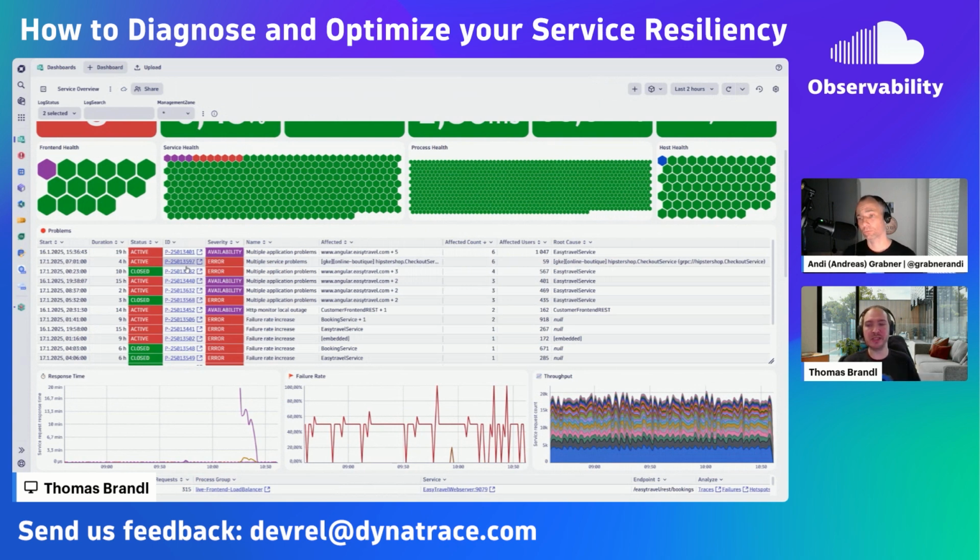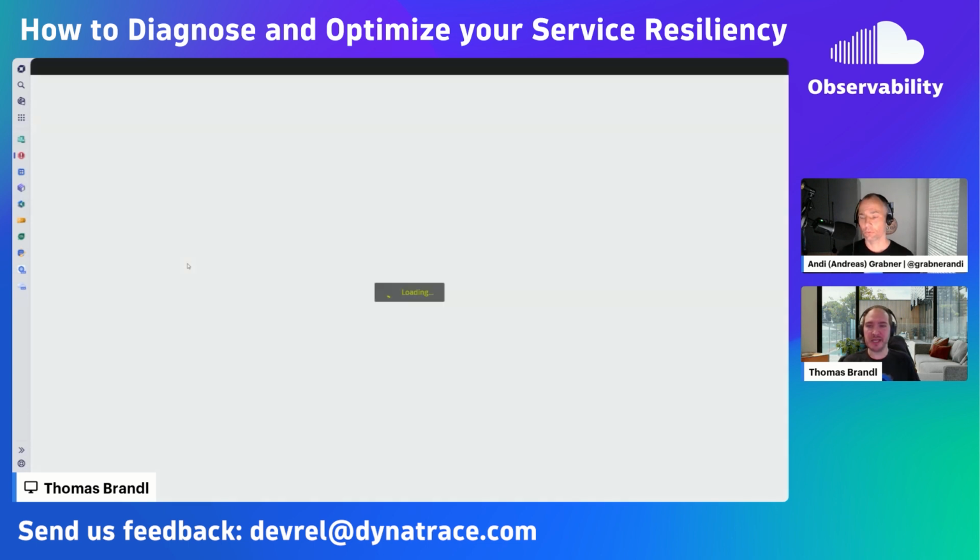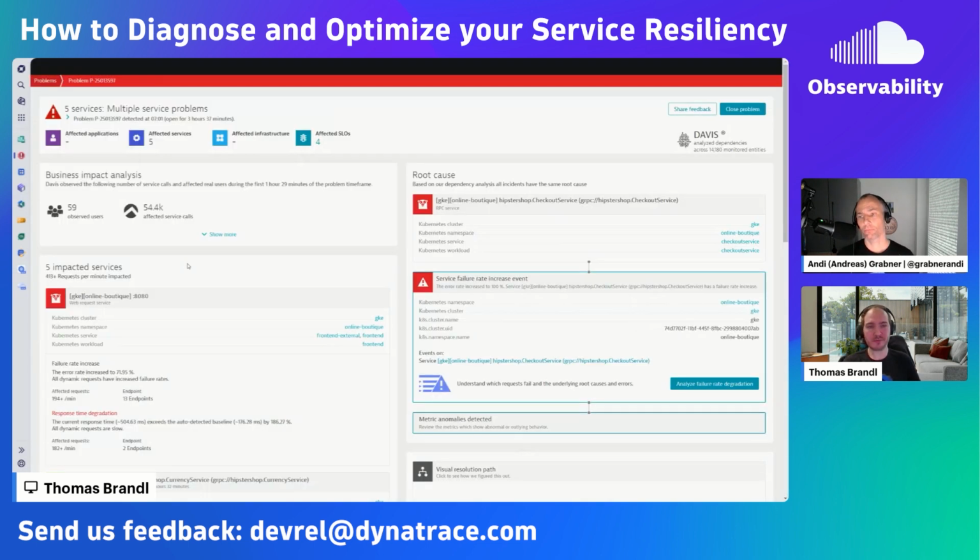And then of course, when it comes to dashboards, they should always be actionable. So what I've put into this dashboard is some direct links. If I want to analyze this problem here, for example, then I can just click on it straight away with a single click. It brings me to the details of this particular problem and tells me about this issue. And I have everything that I need to analyze this problem at my fingertips straight away without having to do a lot of investigation by myself.